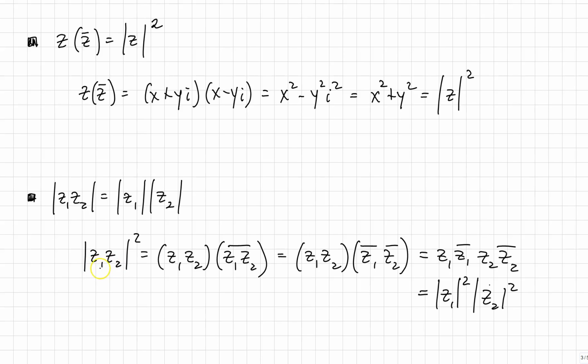Well, we know that the moduli are positive, so since this one squared equals these two squared, you could just take the square root of both sides of the equation. It must be true that the modulus of the product is the same thing as the product of the individual moduli.